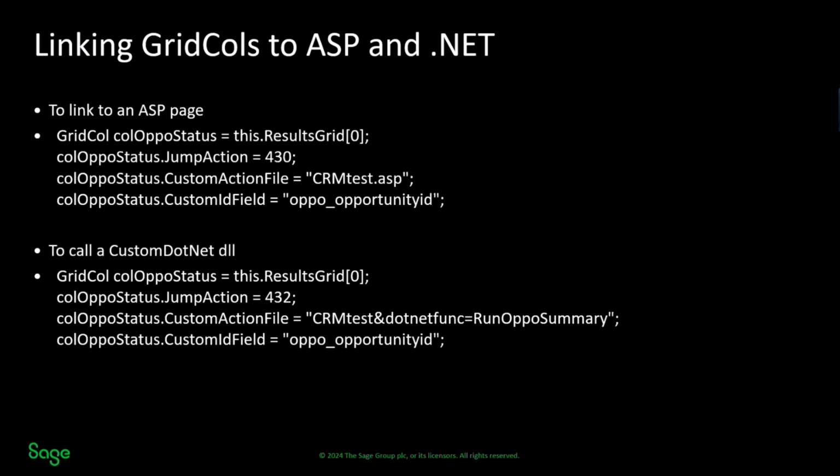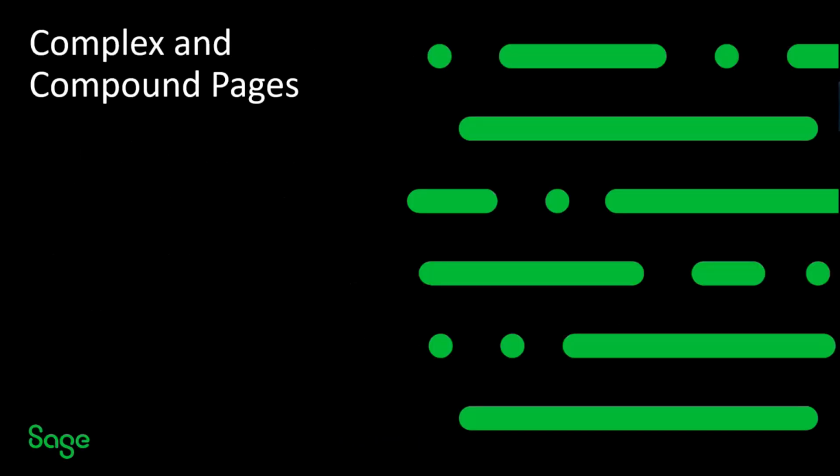We can link to whatever we want to inside our grids and lists and our buttons. So you can see you can redirect from an ASP page to a .NET page, from a .NET page to an ASP page as well. You can jump from .NET project to .NET project in any way that you like.